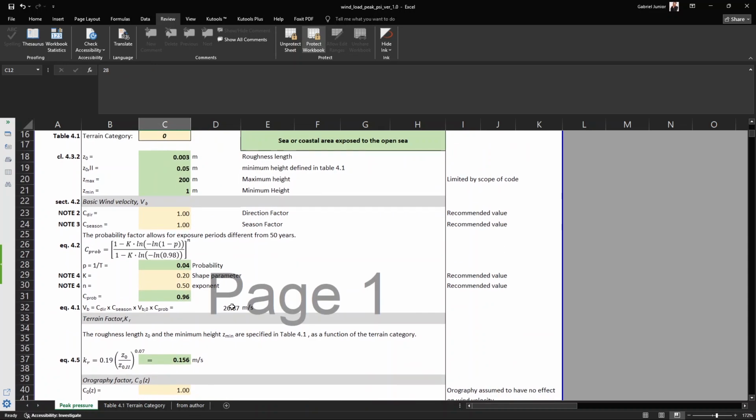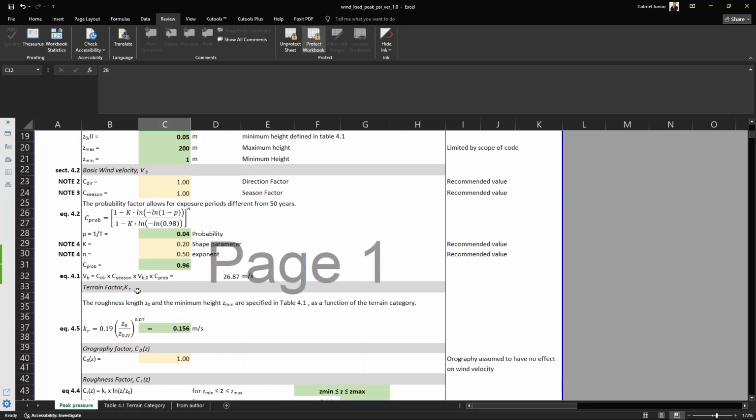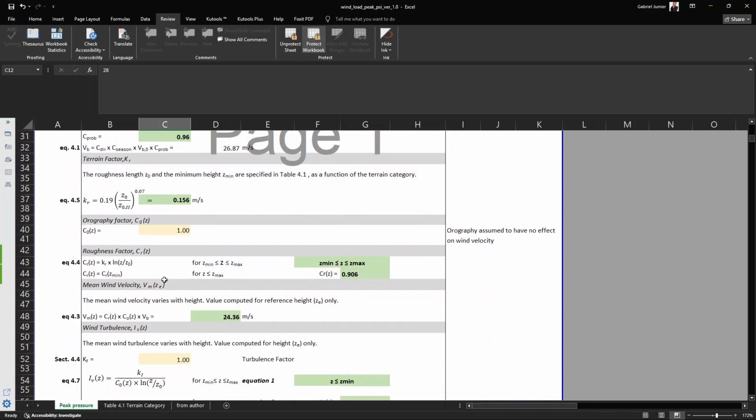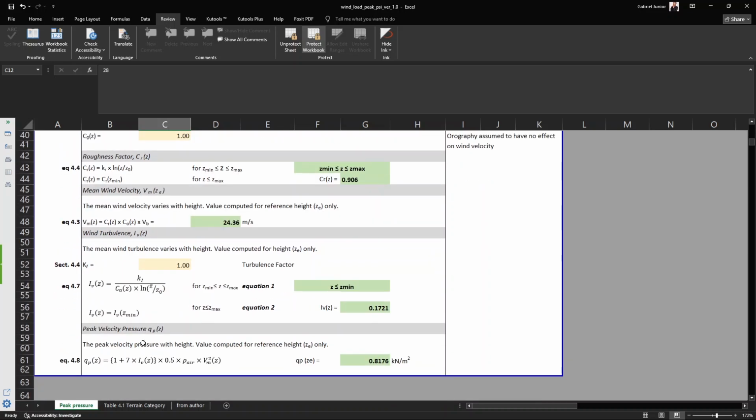Now moving on further, we begin to compute the coefficients for the dynamic pressure. So as we go down, you notice we have things like terrain factor. Now before I even go there, let's just go down completely to the final peak velocity pressure equation.